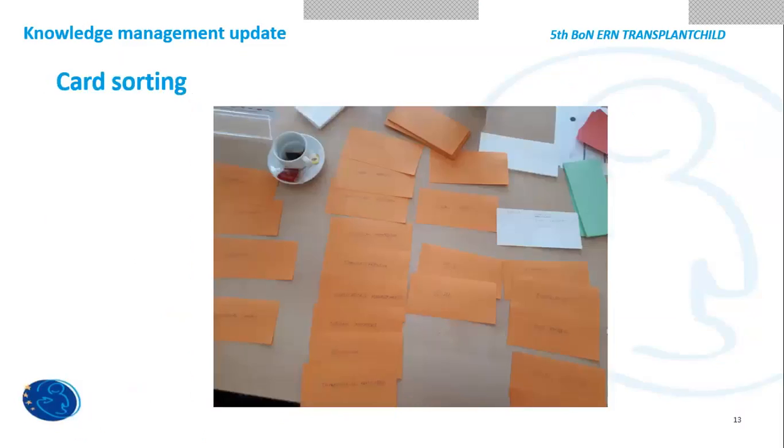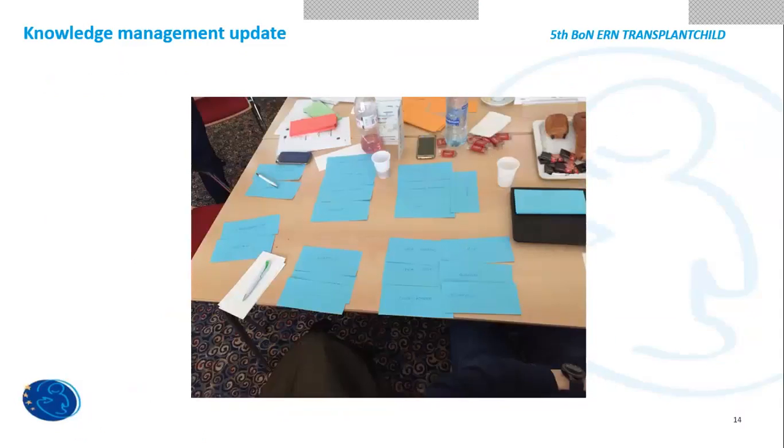And what we got was this. Three very different ways of organizing all the topics. I don't want to go into detail at the level of every card, just to see the structure, the distribution of cards. Here we have one type of organization of taxonomy. Here you have a different type of taxonomy.